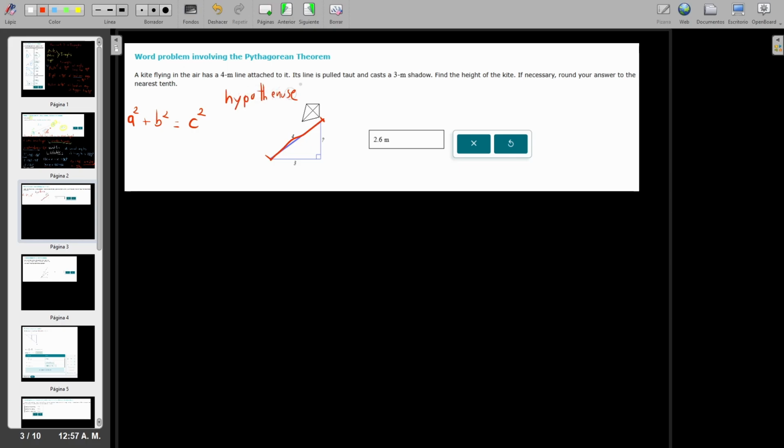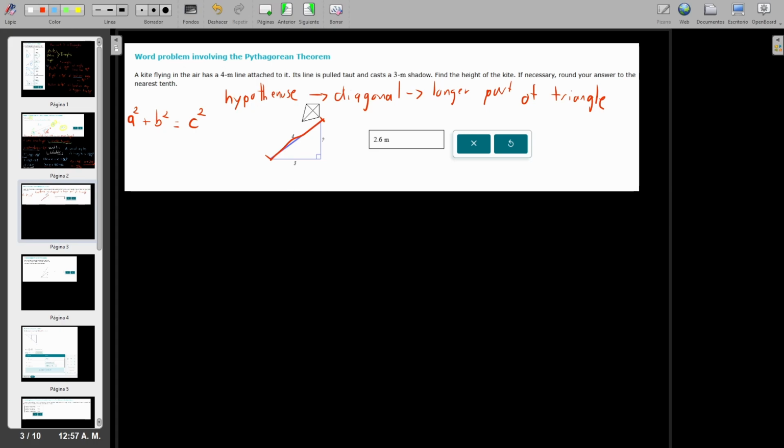The hypotenuse is going to be the diagonal, the longer side of the triangle. This is what you need to know about this.